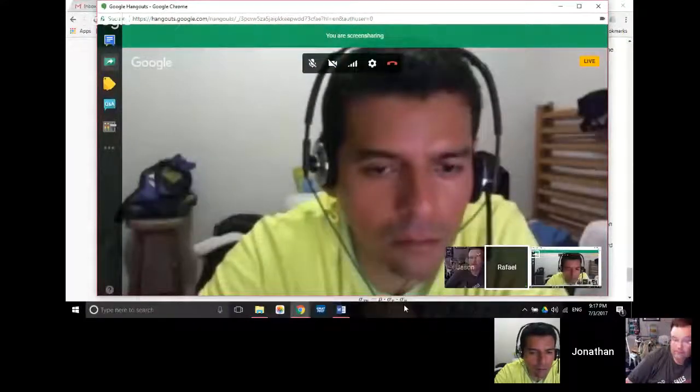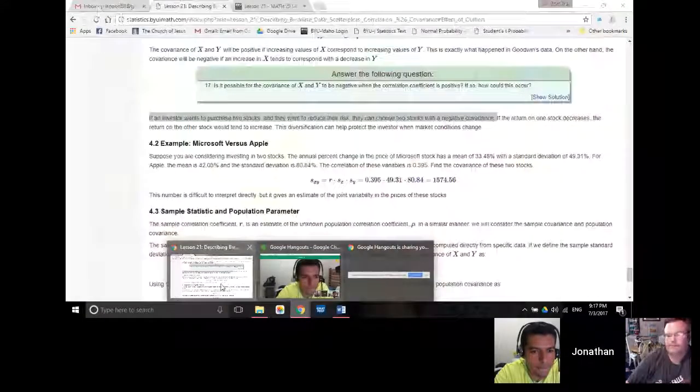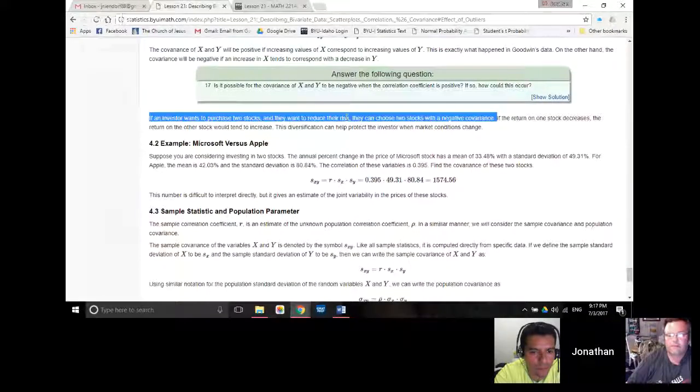The thing that stuck out to me the most from that reading, here I'll share my screen again. Okay, so it's this right here. If an investor wants to purchase two stocks and they want to reduce the risk, they can choose two stocks with a negative covariance. Right.